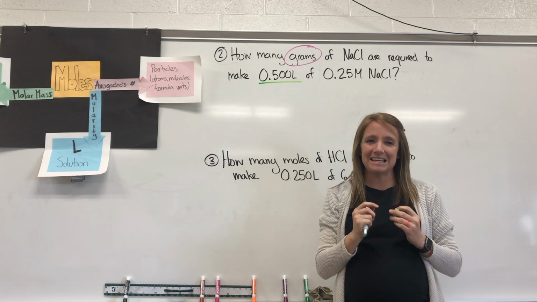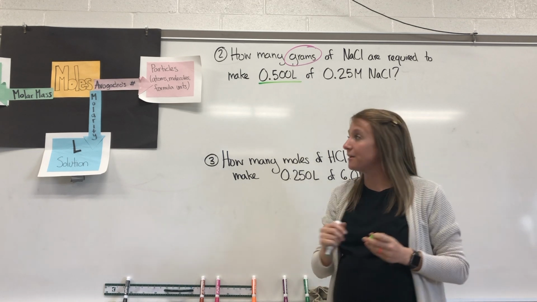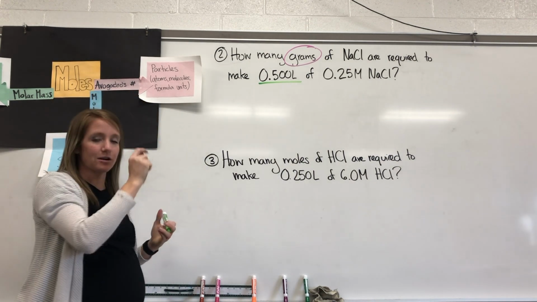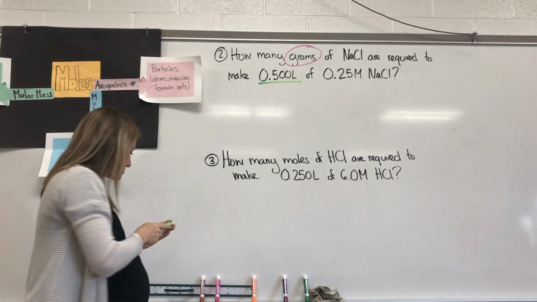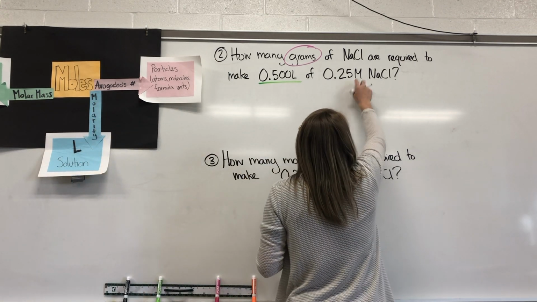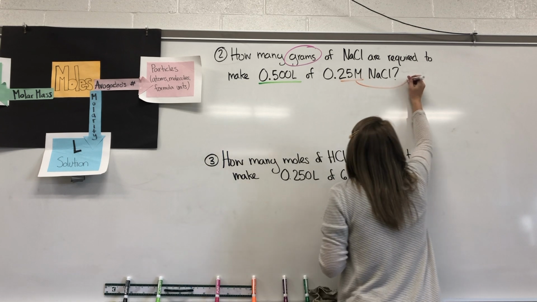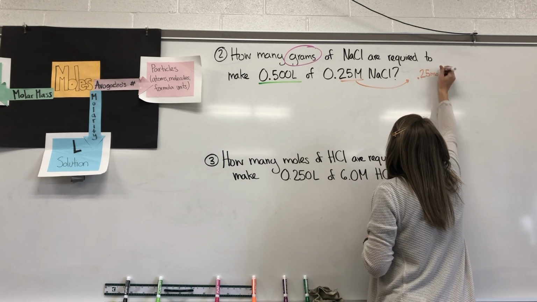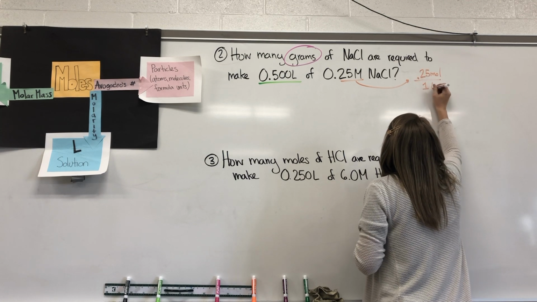The second thing here is to remember what molarity tells you, okay? Molarity tells you how many moles there are per liter. So in this problem here, 0.25 M is telling me that there's 0.25 moles per every 1 liter.